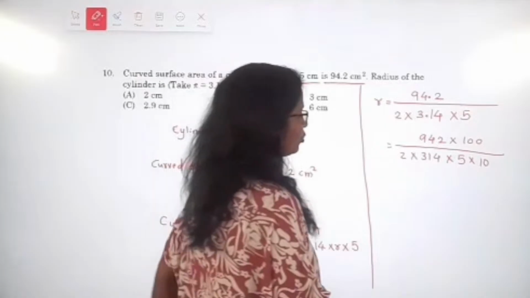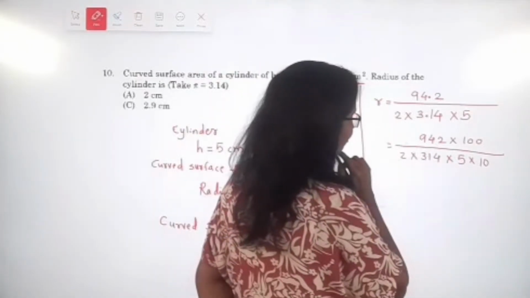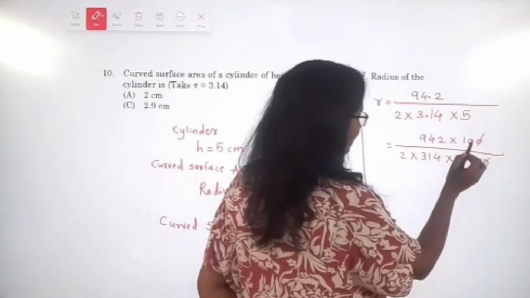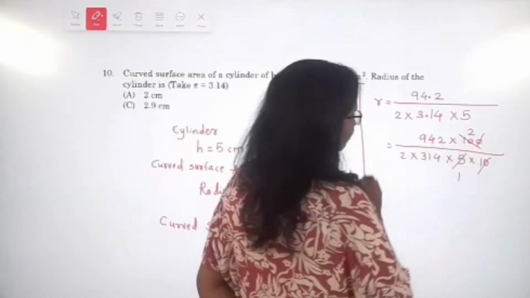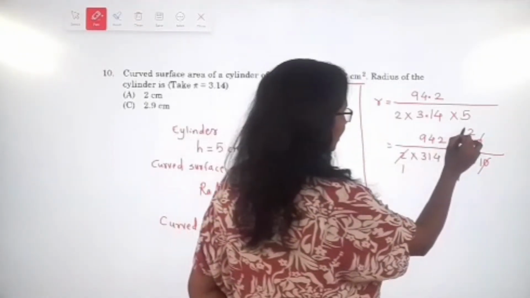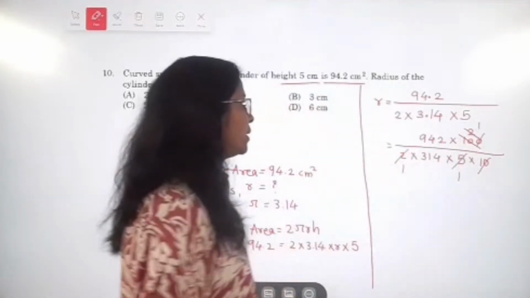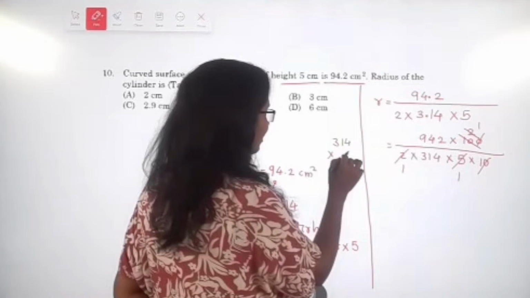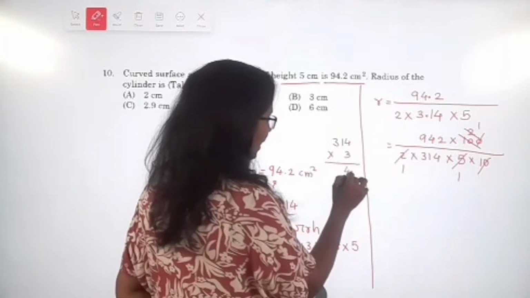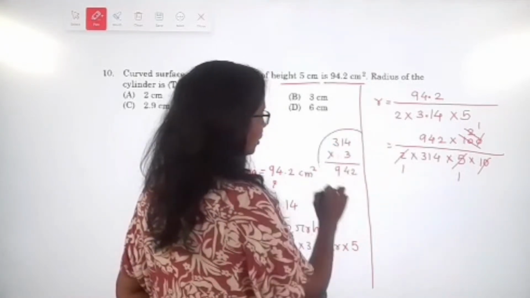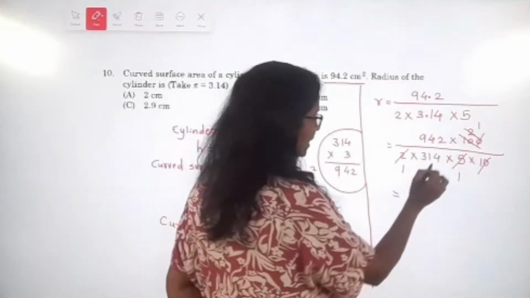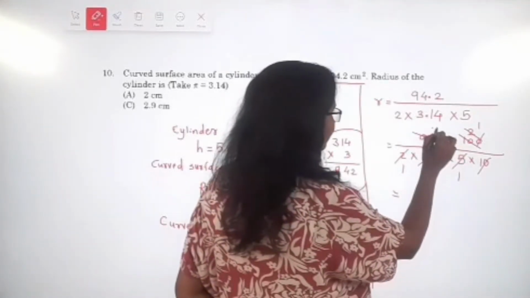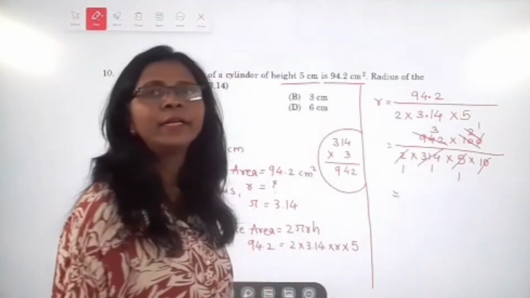Okay, now you may simplify here: the zeros get cancelled, 5 twos are 10, so the 2 ones and 2 ones get cancelled. Now here it is 314 multiplied by 3, that means 942. 314 ones are 314 and 3s are 942.